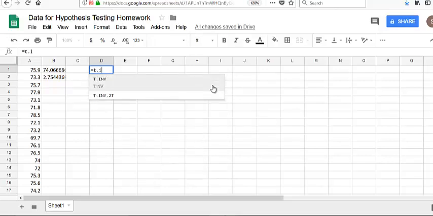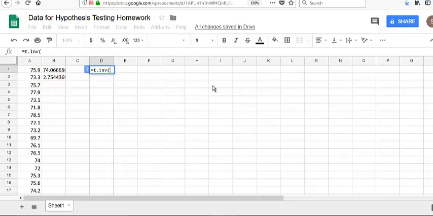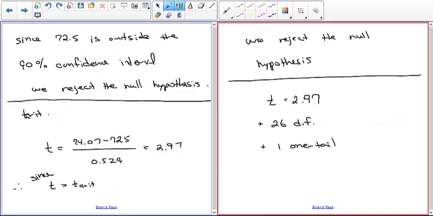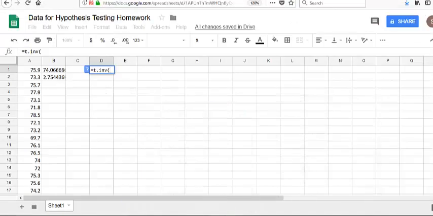I wonder what T inverse does. What did we say? We put in the t value, 2.97, comma, number of degrees of freedom, 26, and it looked like there was a function that was for two tails.